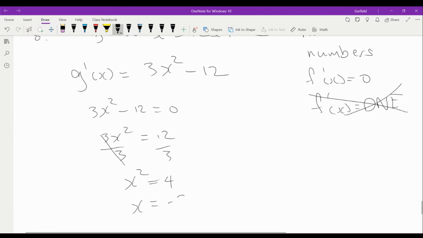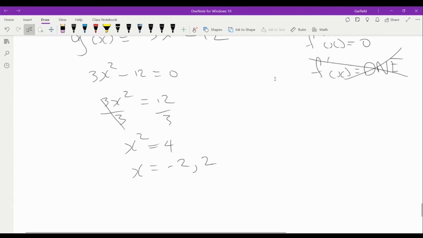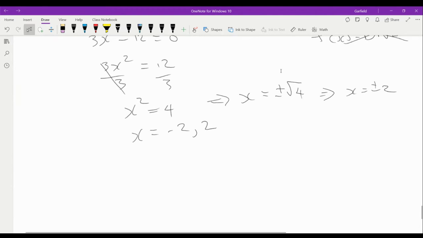So this has two solutions. We can use the square root property, which gives us x is equal to plus or minus the square root of 4, so x is equal to plus or minus 2. If not, you can factor it, or you can use the quadratic formula because this is a quadratic equation. So these are the critical numbers.